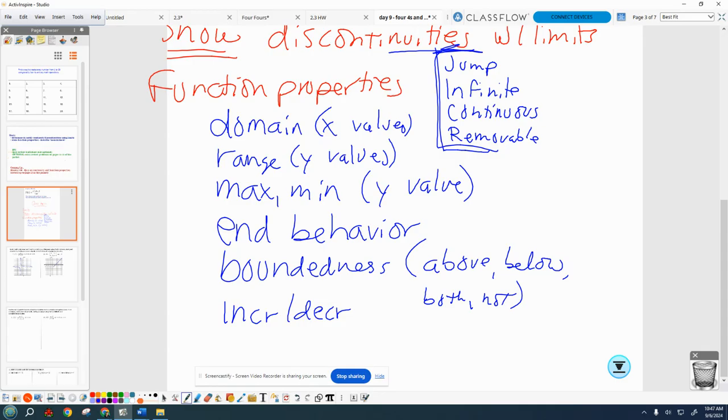Kira, anything else? I don't think so. I'm not thinking of anything else either. Alva? Left and right end behavior. Yep, written with limits. Oh, asymptotes?